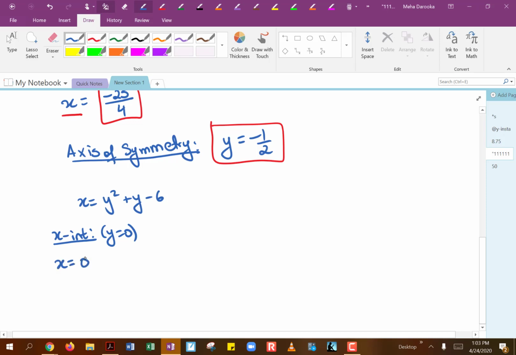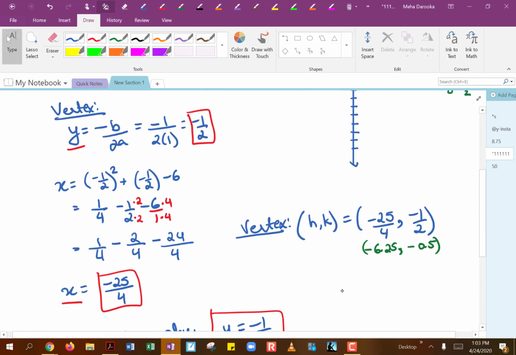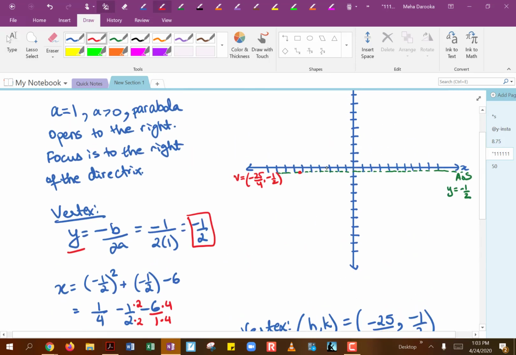So that would be x equals 0 squared plus 0 minus 6. So we end up getting x equals minus 6. And that will be minus 6, 0 as the ordered pair. So minus 6, 0 will be right over here. So minus 6, 0 is our x-intercept, and there will only be one.